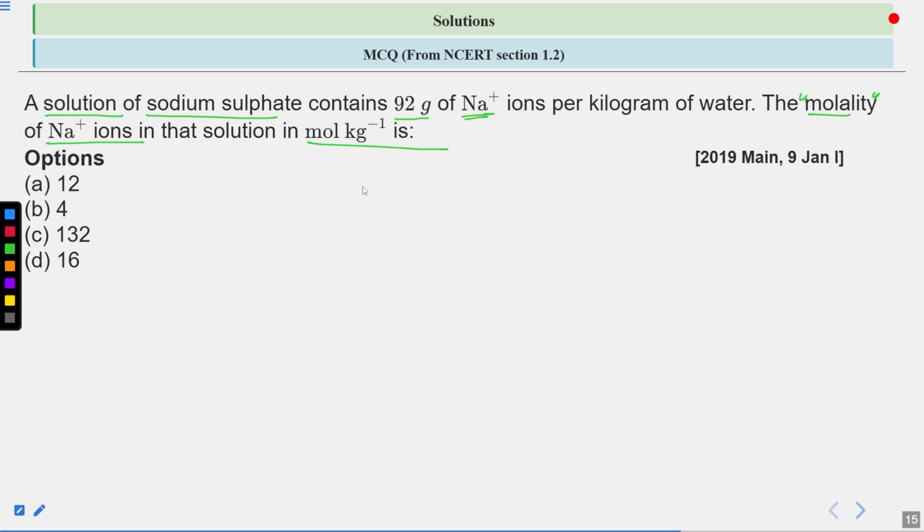This question was in the 2019 exam. The four options given are 12, 4, 132 or 16. So you have some time, go through it, try to solve it, and then we can continue to the correct answer.